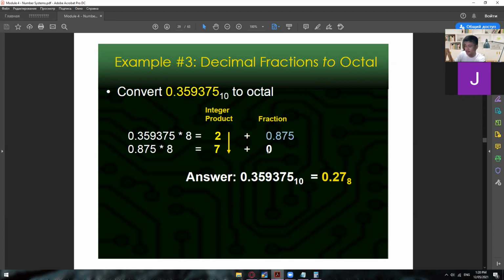So the fraction is 0. Once this one is 0, then you can read the integer product from top to bottom. So 27, or 0.27 base 8, since that one is in octal. I hope this one is clear, since this one is super simple. All you need to do is change your multiplier.